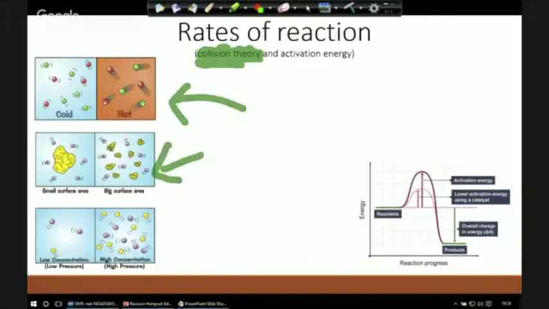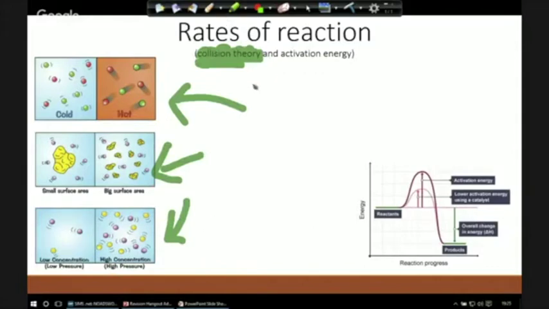And you'll notice on the right-hand side, we've got a lot more parts which can collide with one another. Finally, we've got our concentration or pressure. The concentration is either more particles within the system, or the pressure might mean that the space they've got to occupy becomes smaller.